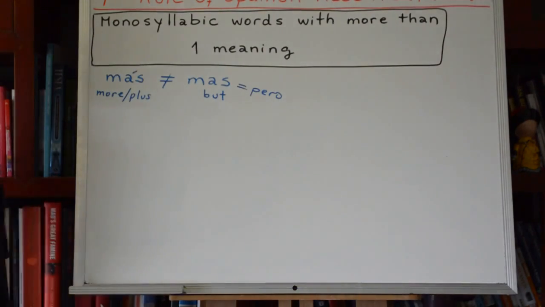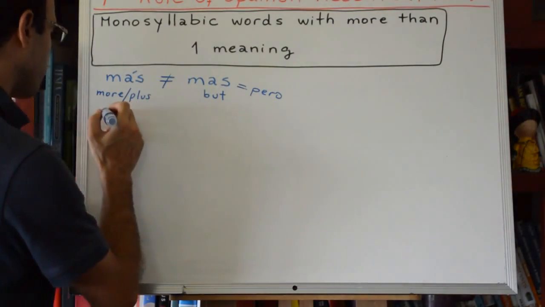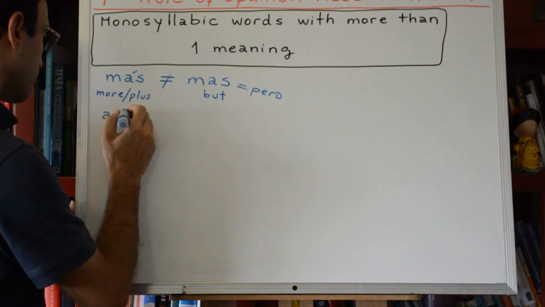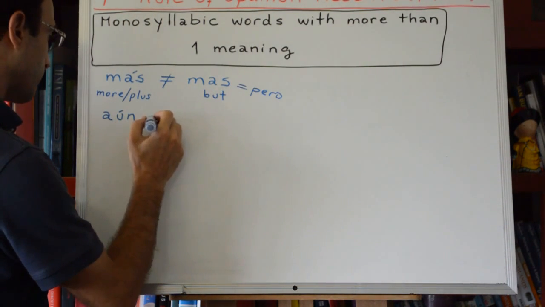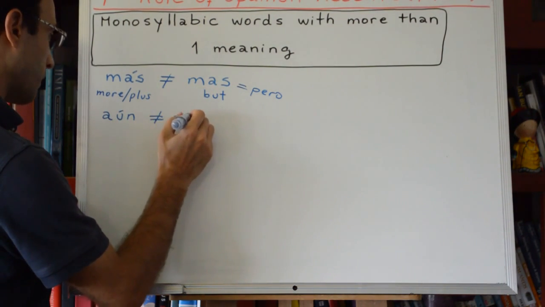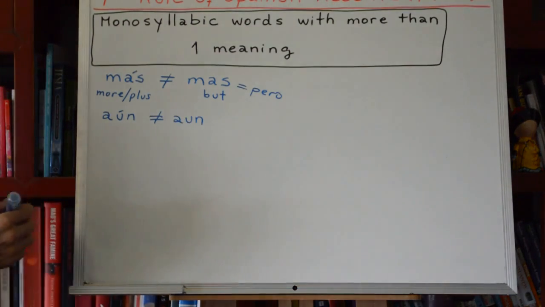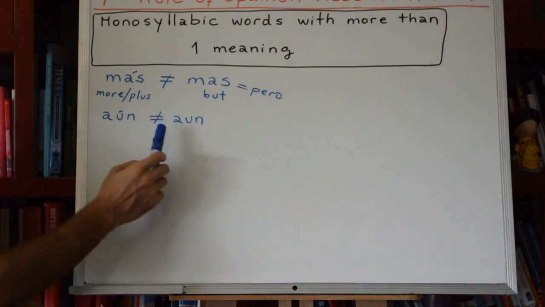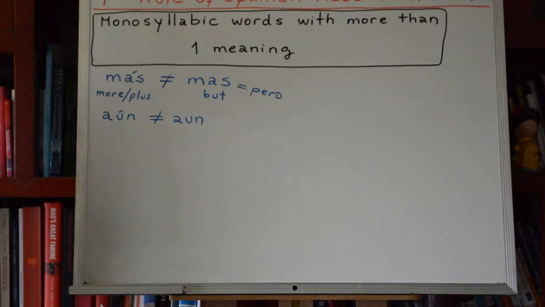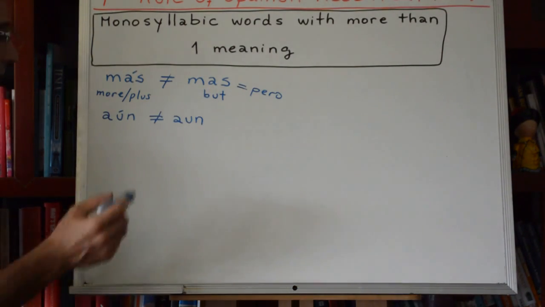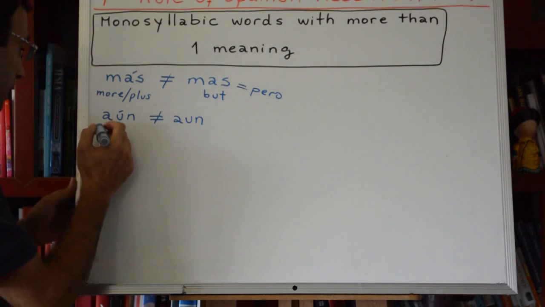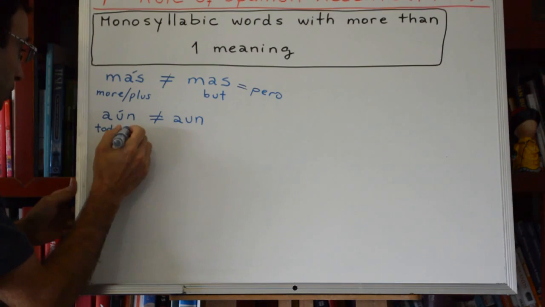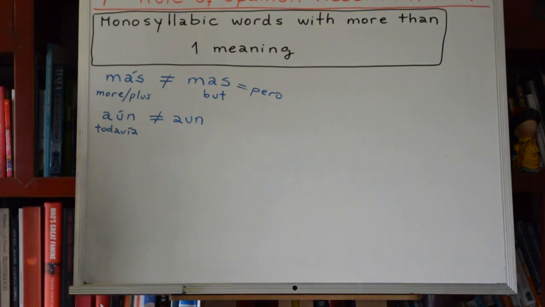So, más and mas. Another example, aún and aun, okay? They are pronounced exactly the same. The pronunciation is the same because these are monosyllabic words. But aún with a tilde is a synonym of todavía, which means still.